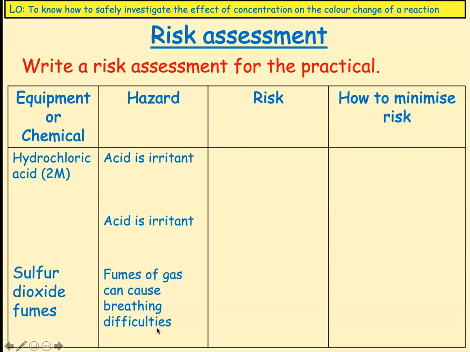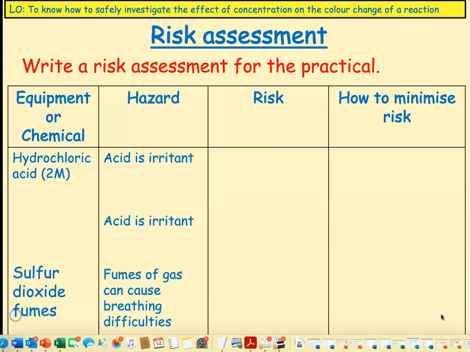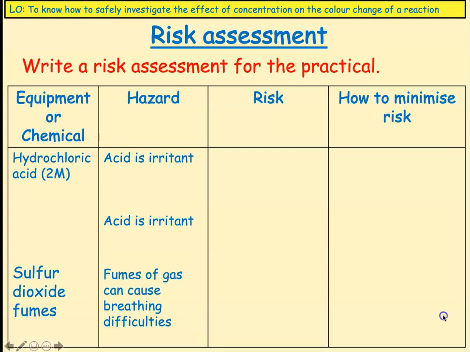So I want you to pause the video and tell me what the risks are to people and how you would actually stop them from hurting people. So pause the video now. Okay, so acid is irritant. Now these can be in either order, but the acid can get into your eyes.